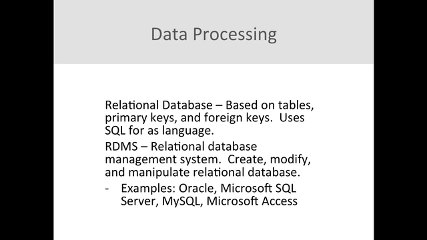It uses SQL, or structured query language, as a programming language, and you have to look at relational database management system, which is used to create, modify, and manipulate a relational database. Examples of these are Oracle, Microsoft SQL Server, MySQL, and Microsoft Access.